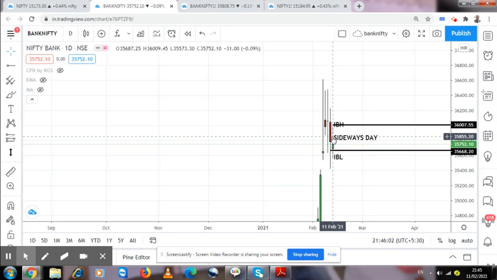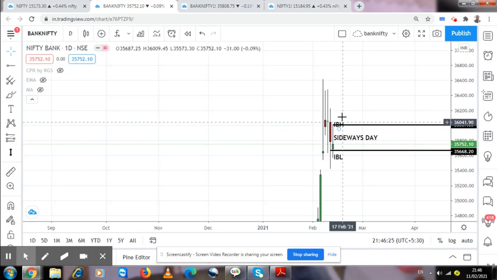It's a kind of sideways pace which we have seen today, and tomorrow if we open somewhere above 35,764, then we are going to see this level at least, 35,980 points, whether it is going to break or not.